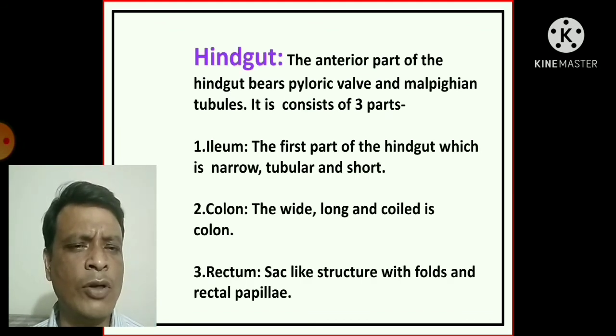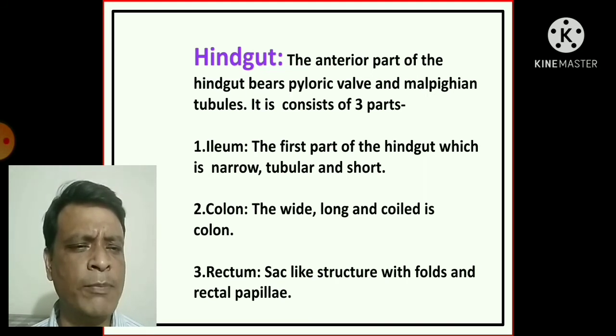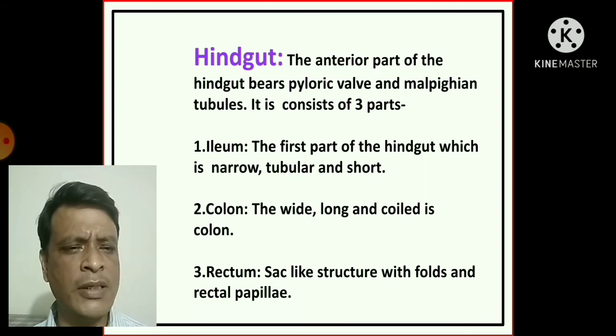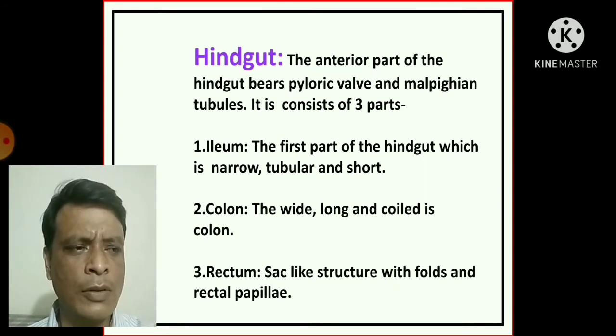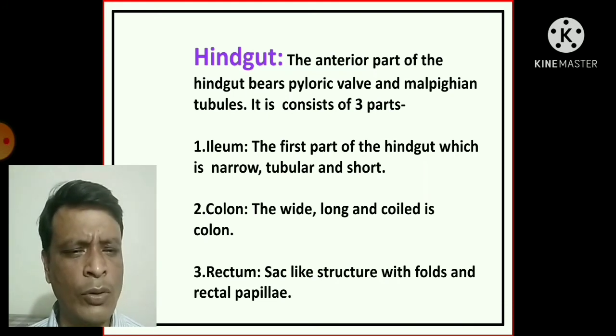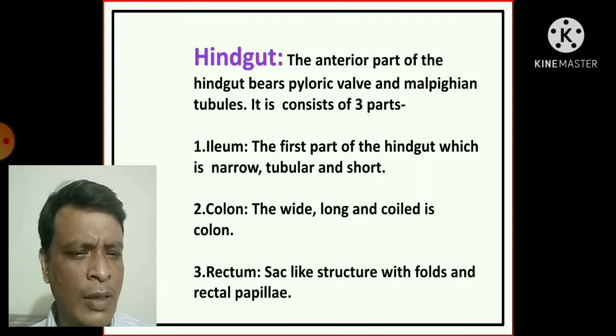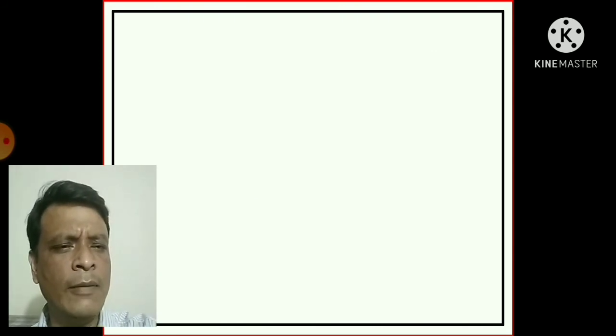The anterior part of the hindgut bears pyloric valves and Malpighian tubules, and it consists of three parts. Ileum, the first part of the hindgut, which is narrow, tubular, and short, and the colon, which is wide, long, and coiled. The rectum is a sac-like structure which holds the rectal papillae.